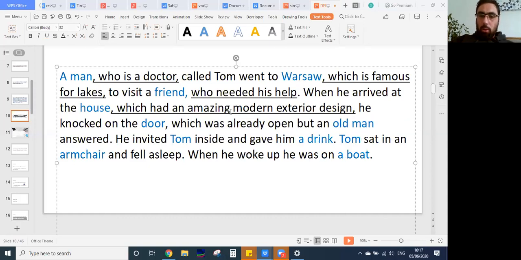Which was already open. We're going to have to end with a comma because we're in the middle of the sentence. Okay, so which was already open, but an old man answered. So let's add something there about the old man. What could we say to spice this story up a bit?